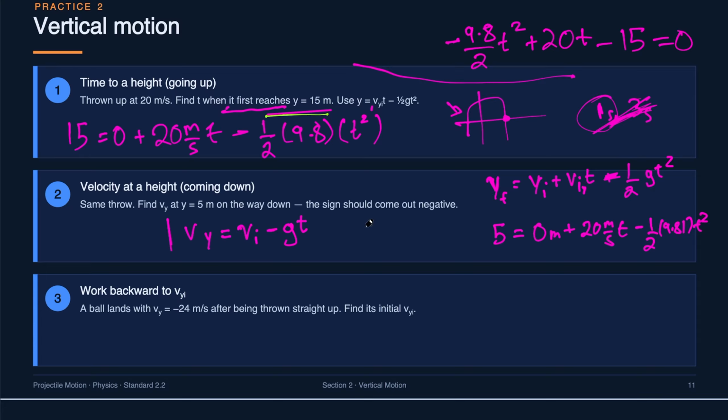So same thing, I'm going to plug into my calculator: negative 9.81 over 2 t squared plus 20t minus 5. I'm going to check where this equals 0. Okay. Now this time I'm not getting very nice points, but that's fine.